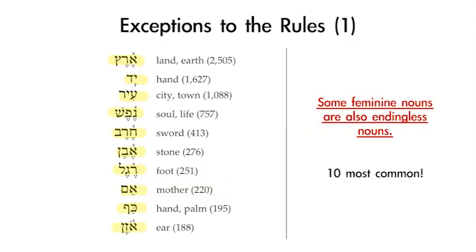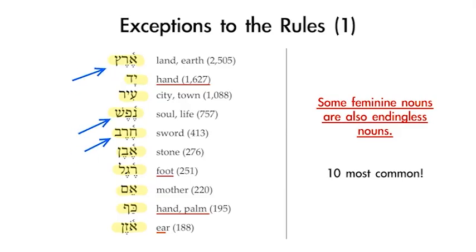But there are patterns to this that can help you out. First, you'll recognize that many of these endingless feminine singular nouns are related to body parts like hand or foot or hand or palm again or ear. You'll also observe that many of these nouns are accented on the first syllable. These are called segolate nouns, and we'll study those a little bit later. But look at eretz, accented on the first syllable.